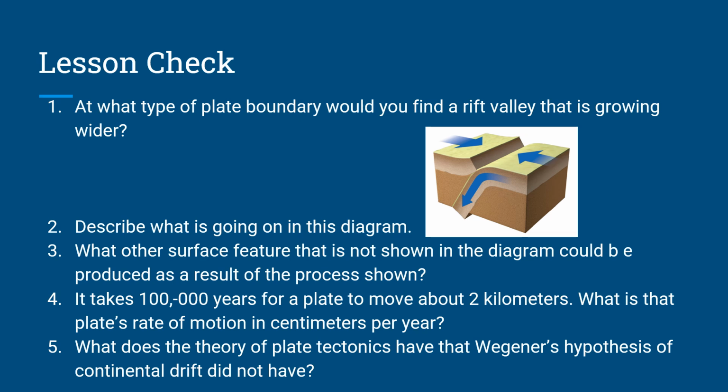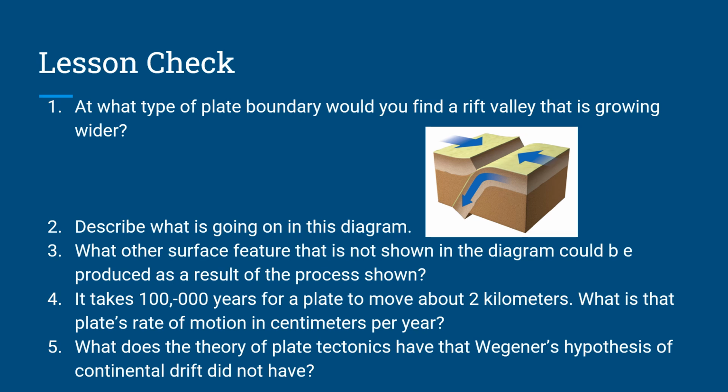2, describe what is going on in this diagram. All right, and here we have 2 plates that are pushing together, and then the one that is less dense is going to go on top of the more dense plate. So 2 plates are converging at a convergent boundary.